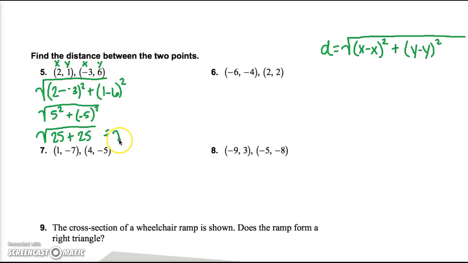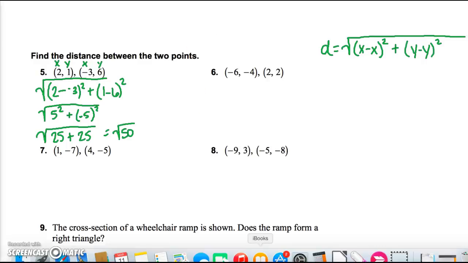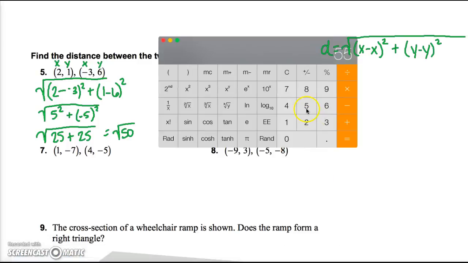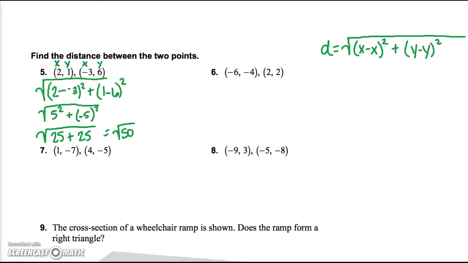So we get the square root of 50. And we could pull up our calculator here to figure out what that would be. And we could round that to say 7.1. So the distance between these 2 points would be about 7.1. And that's your answer.